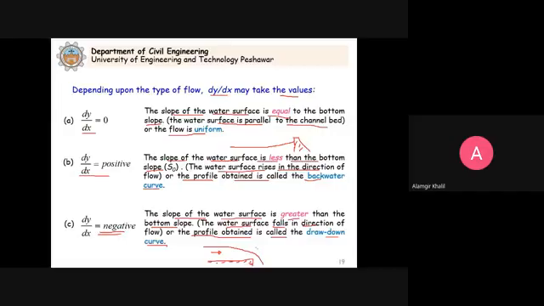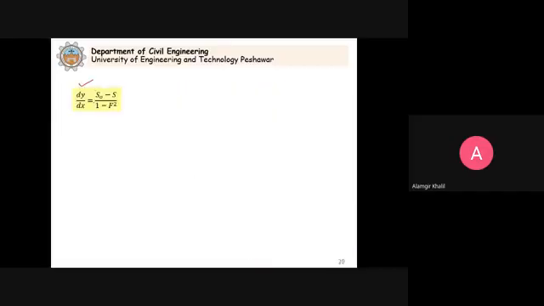What you have to do is qualitatively determine the signs of the numerator and the denominator, and then from there determine the overall sign of dy by dx. Then you can say that for this given condition, the water surface is increasing or decreasing. So let us take a few simplifications to show how you calculate the sign here.